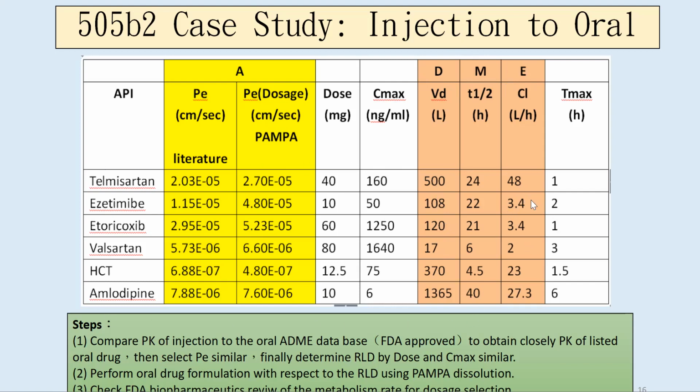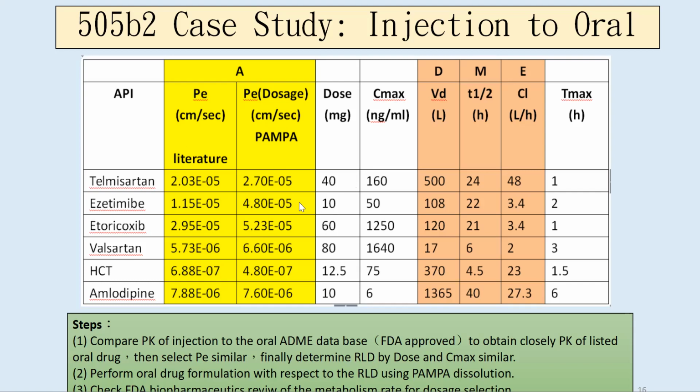With those, let's say in these two cases, if your injectable has DME data closer to these two drugs, then your next step is to try to determine your PE through Caco-2 or through PAMPA.